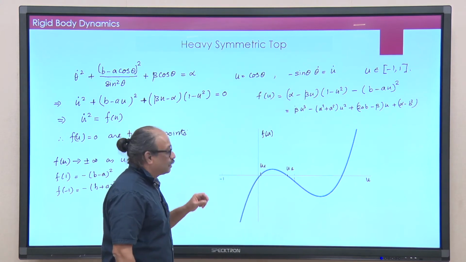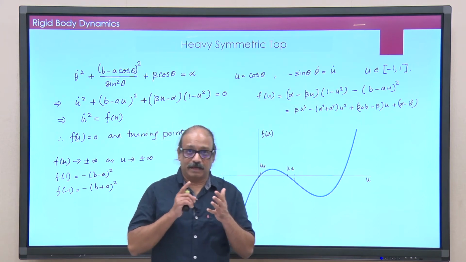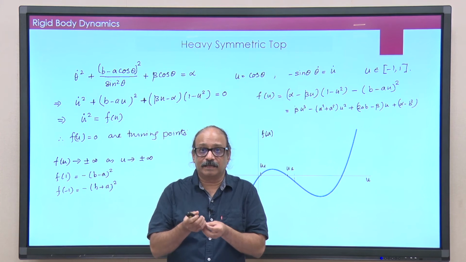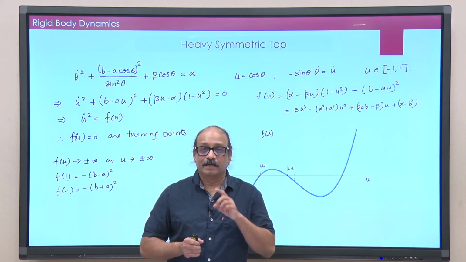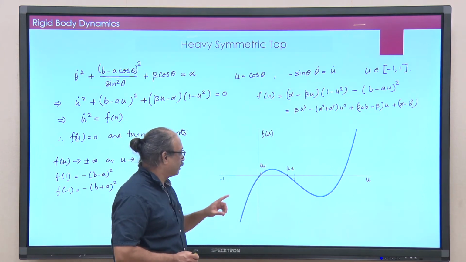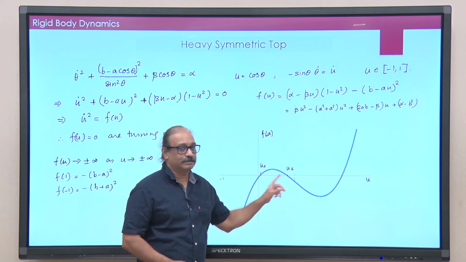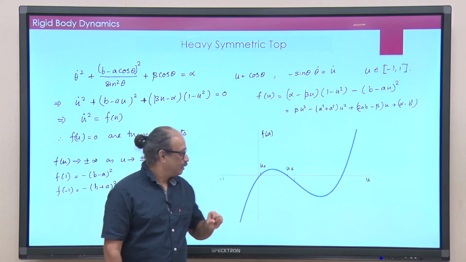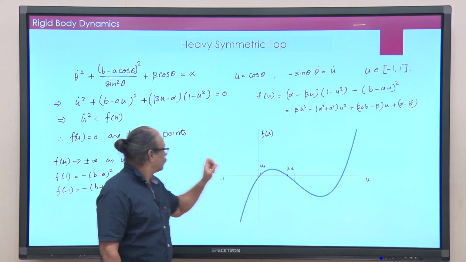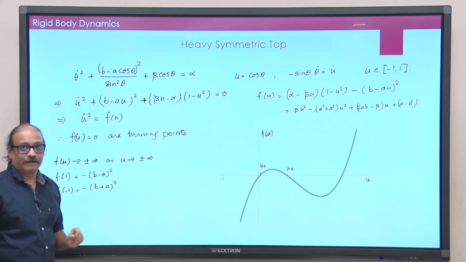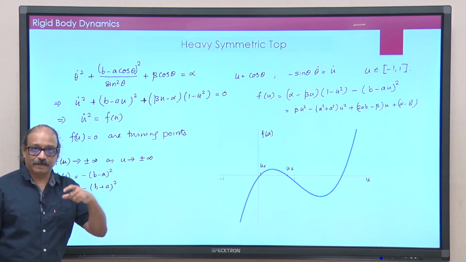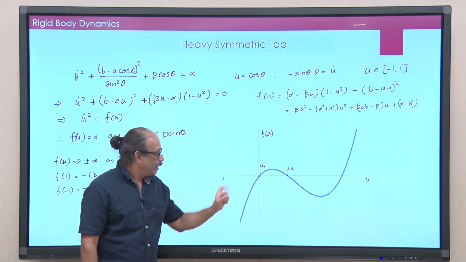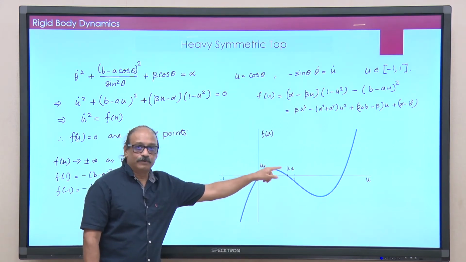Which means I must have a, b and alpha chosen in such a way, those are basically the initial conditions that are being set, they must be set in such a way that somewhere between minus 1 and plus 1 there must be at least 2 solutions to the f(u) equal to 0 problem. That means there must be at least 2 roots of f(u) between minus 1 and plus 1, and in that region f(u) becomes positive.